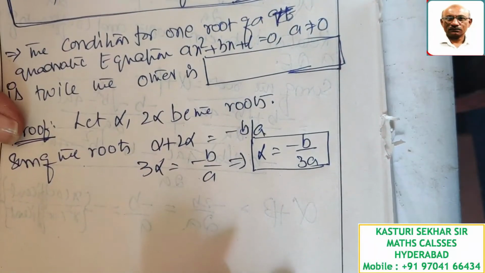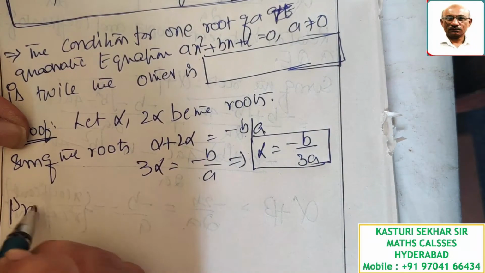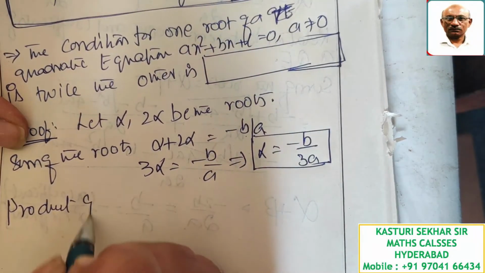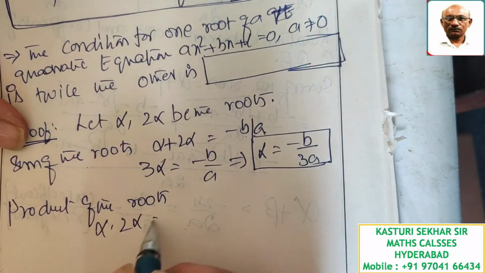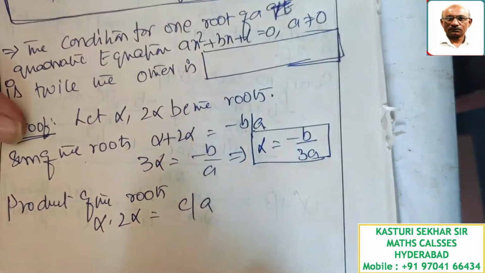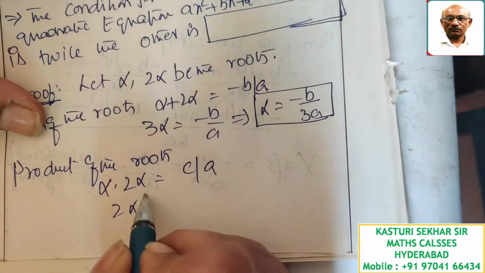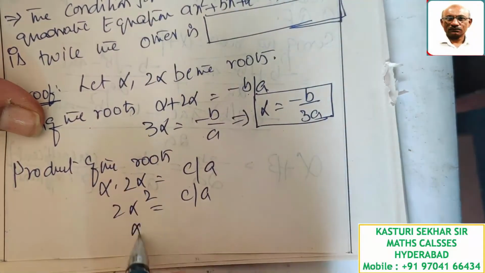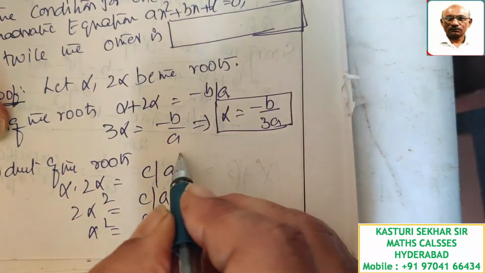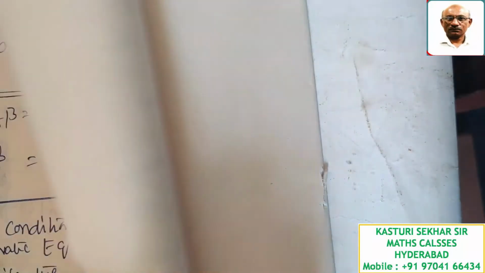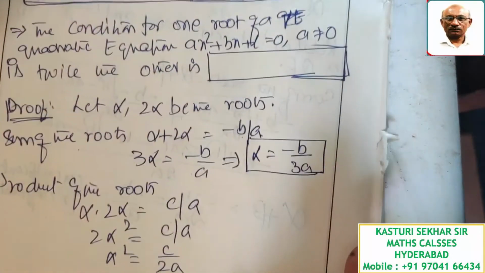Product of the roots is equal to alpha into 2 alpha. This is c by a. 2 alpha square is c by a. Alpha square is c by 2a.